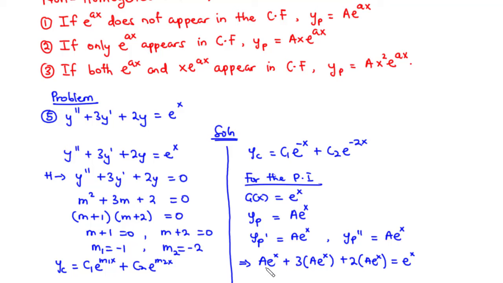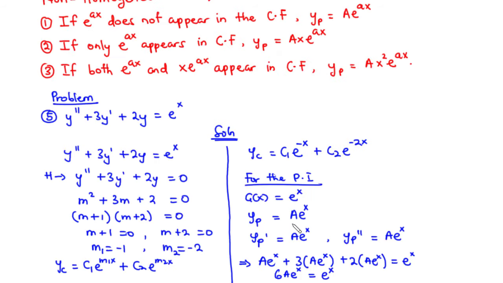Now you have a plus 3a plus 2a, and that is equal to 6a. So you have 6a e to the power x equals e to the power x. Now comparing coefficients of e to the power x, we are going to have 6a equals 1.